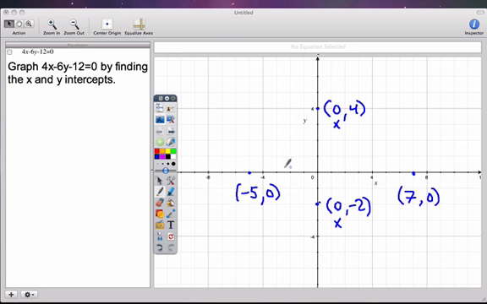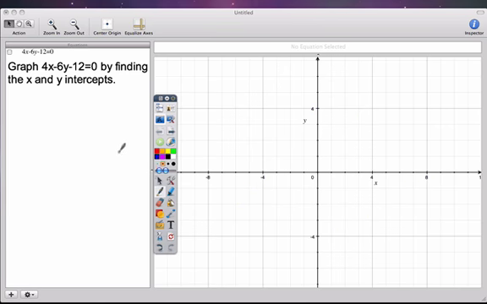So we can see that for our x-intercept, where the line would cross the x-axis, the value for y will always be 0. So for our y-intercept, the value of x will always be 0, and for our x-intercept, the value of y will always be 0. Now this is an important concept to understand when we take a look at our problem.